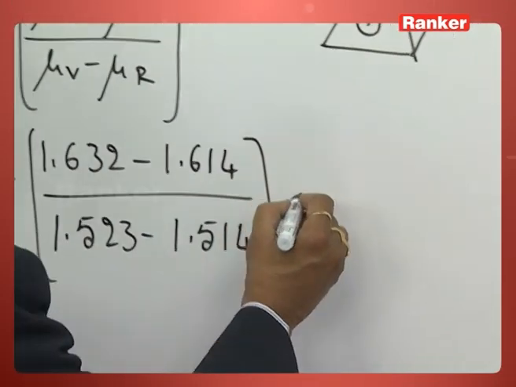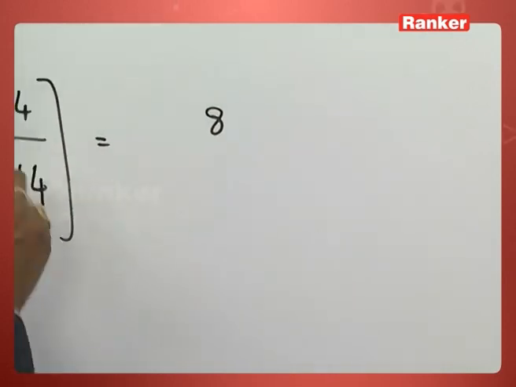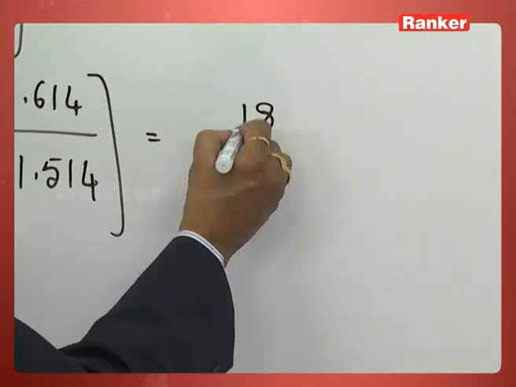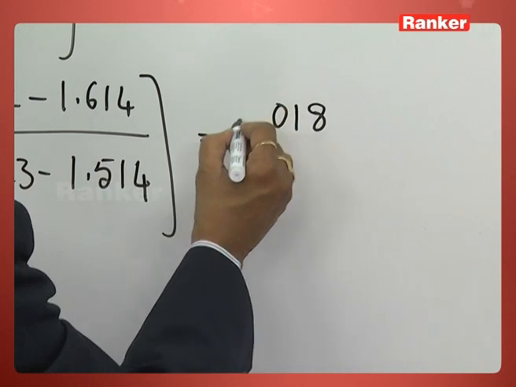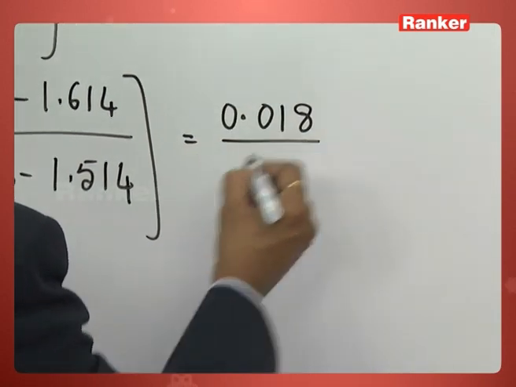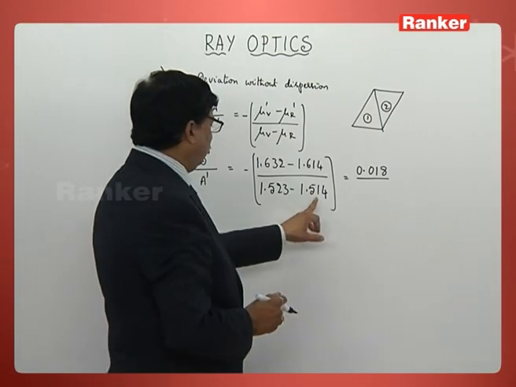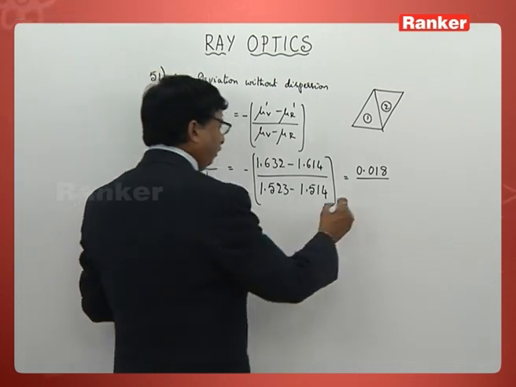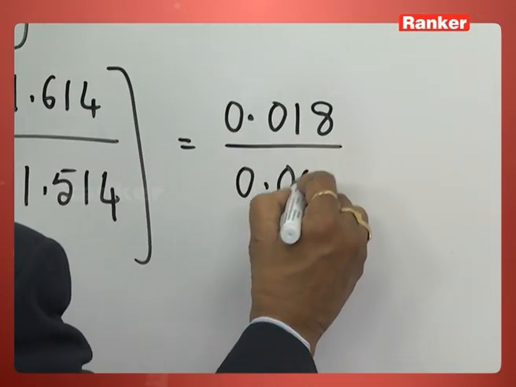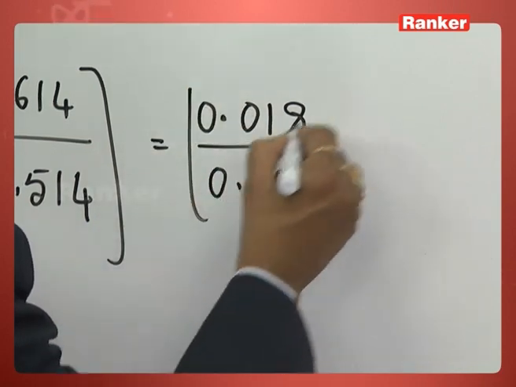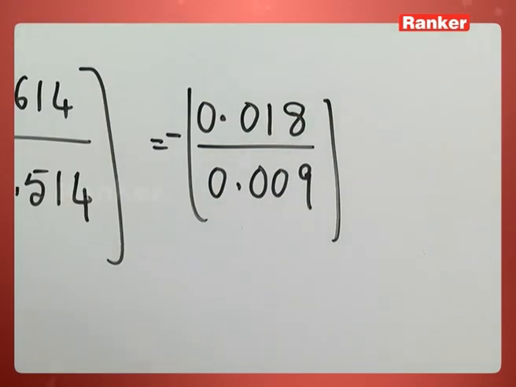First of all, you see this now becomes 8 over here and 1 over here, 0.018. And this is 14 and this one is 23, so definitely you can write 0.009 for the denominator.